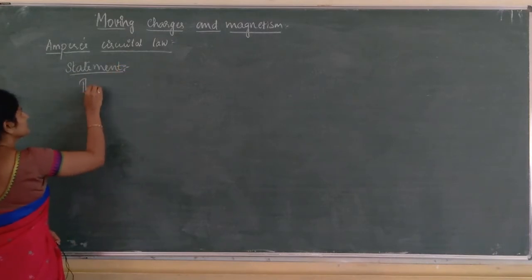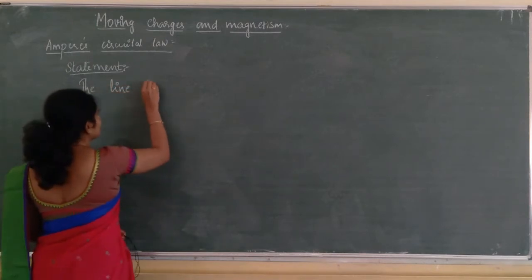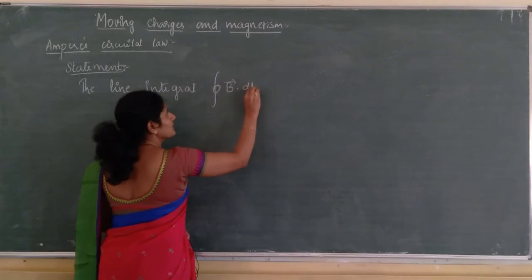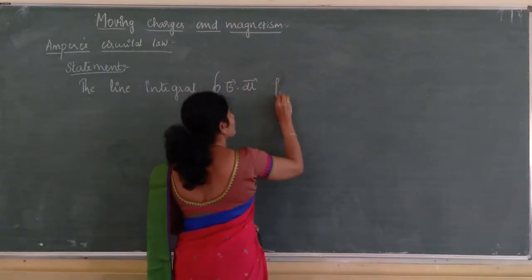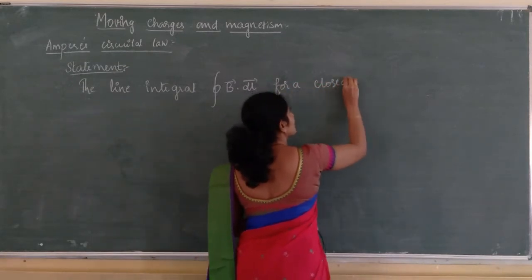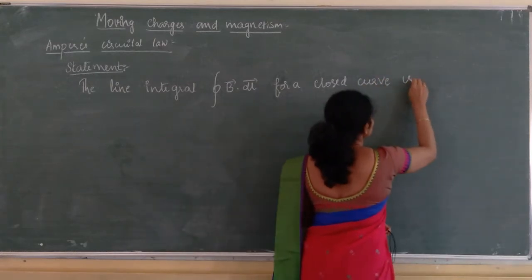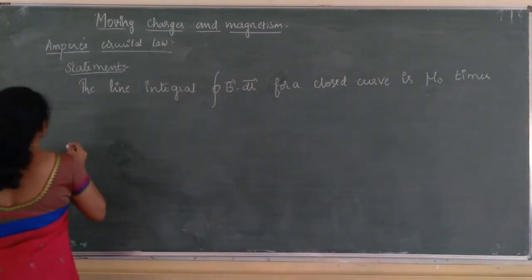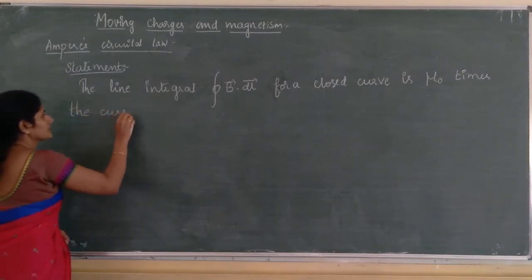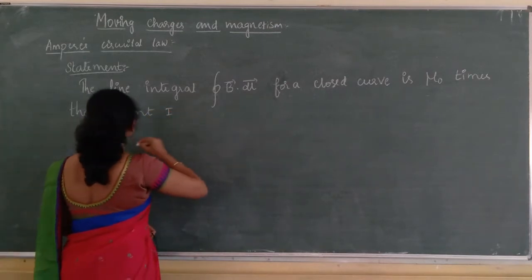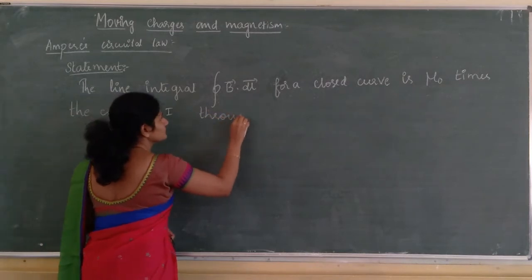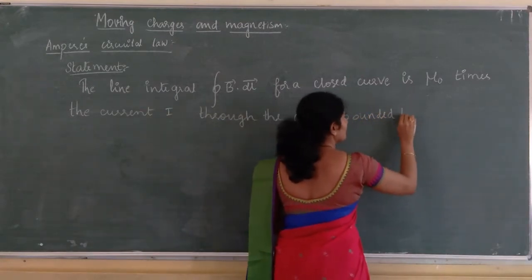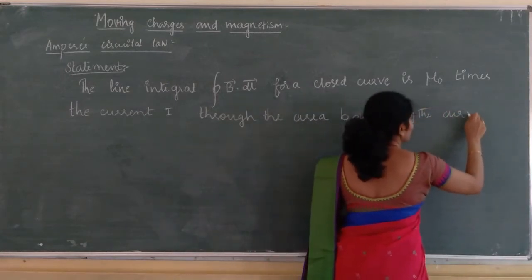The line integral of B dot dl for a closed curve is mu naught times the current I through the area bounded by the curve.